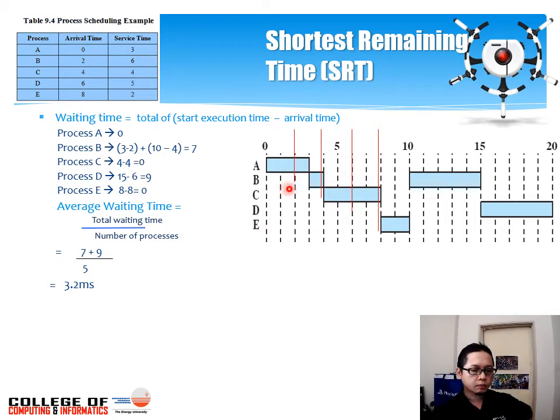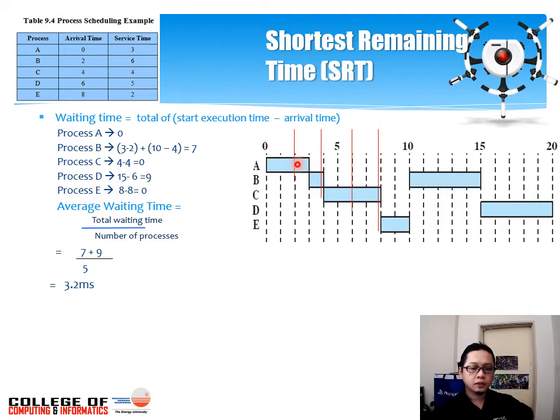At this point, the remaining service time for A is 1, while the remaining time for B is 6. So after that, it needs to decide between B and A. Because A has 1 and B has 6, A is chosen.